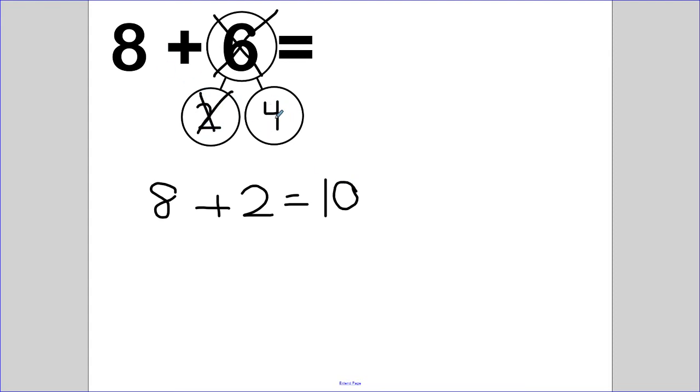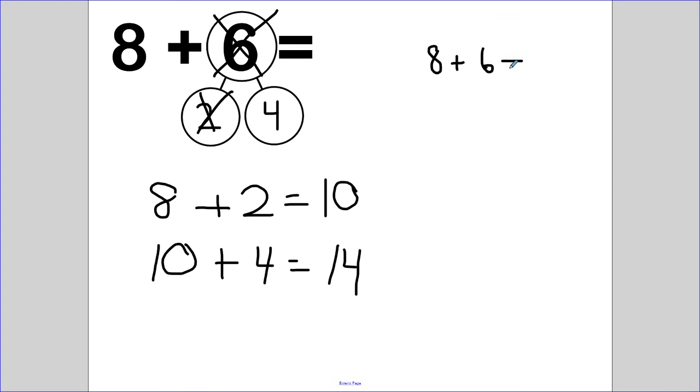Now we have our 4 left. So we have our 10 plus 4 equals 14.